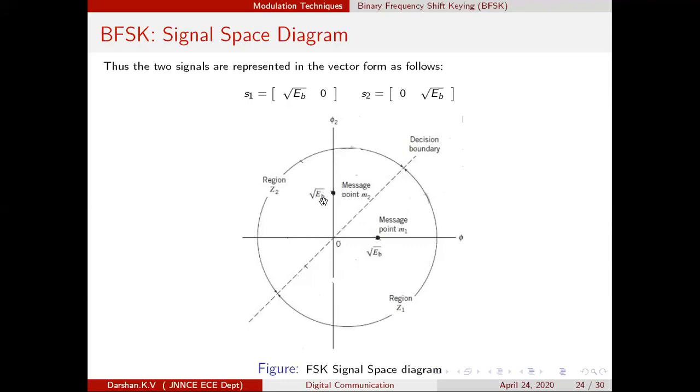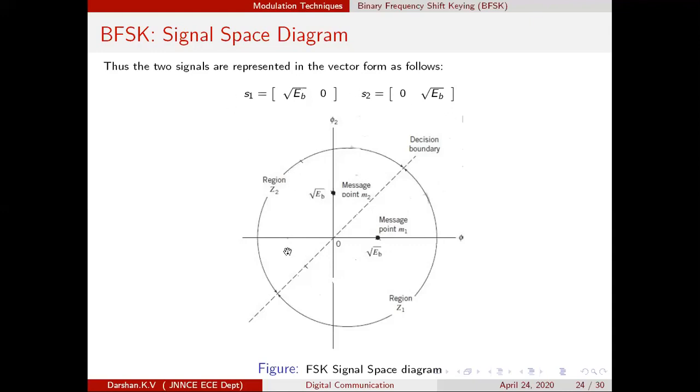Please hear carefully. When 0 has been transmitted, ideally the signal point should lie in region Z2. But because of the noise, the received signal falls in the region Z1. I repeat, we have transmitted symbol 0.